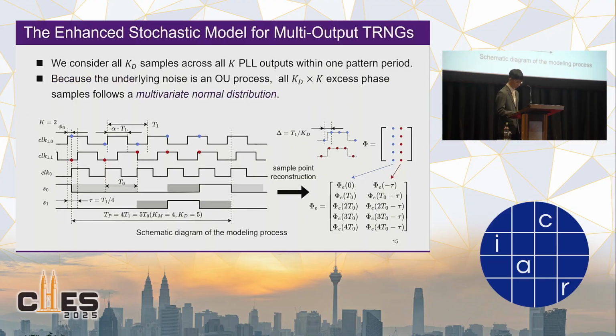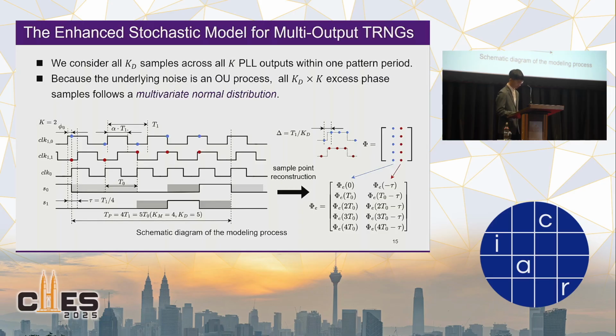So building on this Ornstein-Uhlenbeck foundation, we can now propose our enhanced stochastic model. Instead of looking at the samples one by one, you can consider all the samples over a period together. The collection of these samples, since we know the autocorrelation function, can be defined as a multivariate normal distribution.